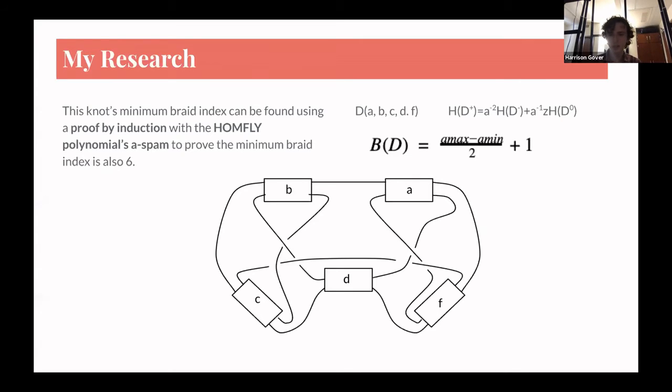And by expanding that, we can create a general form, and that makes the minimum braid index also 6. And what this means, combined with the maximum braid index of 6, is that we can guarantee that knots of this form have a guaranteed braid index of 6.